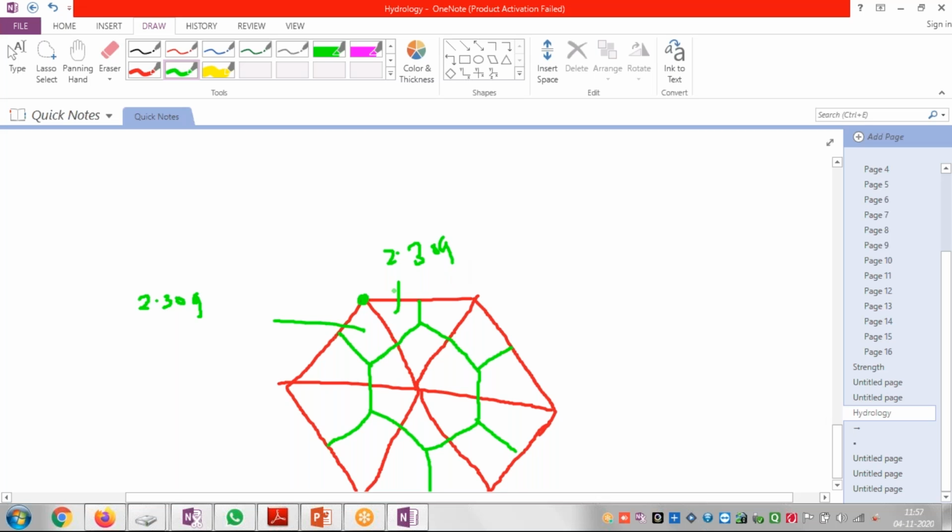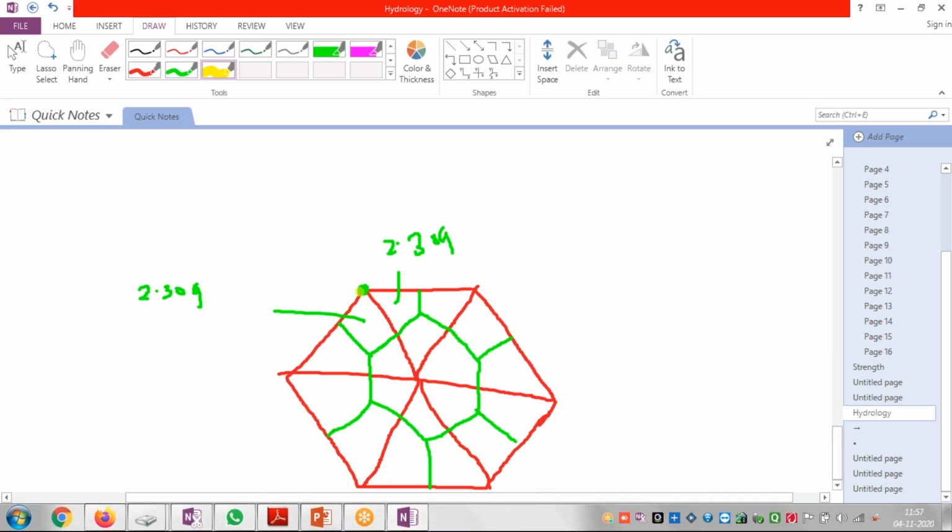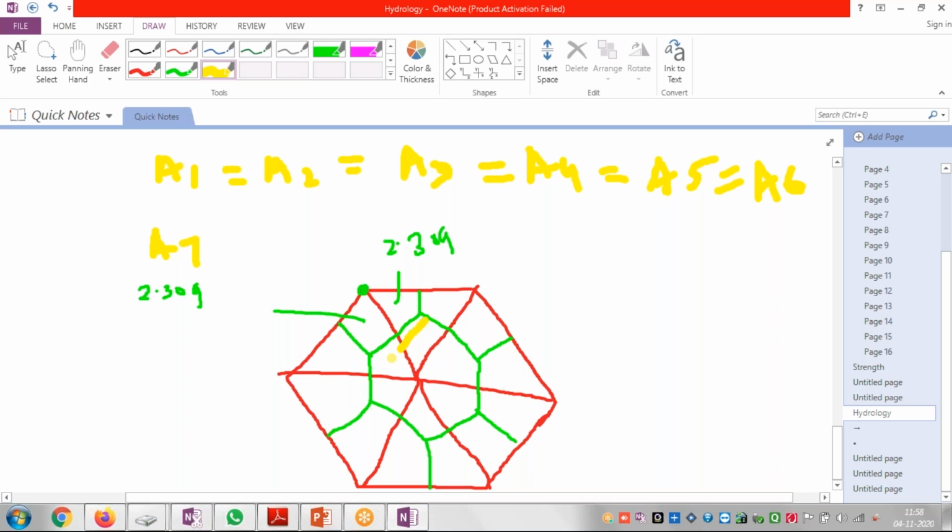Now see here. How many areas are there from A1 to A7? There are 7 areas, right? So A1 will be equal to A2, equal to A3, equal to A4, equal to A5, equal to A6. But this seventh area, how much will this area be?